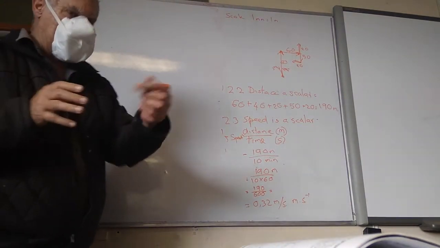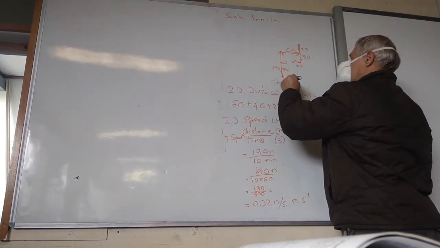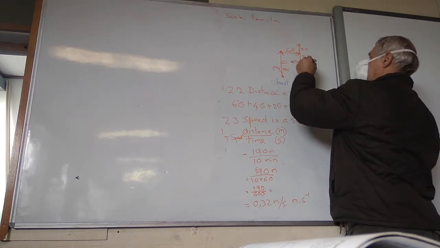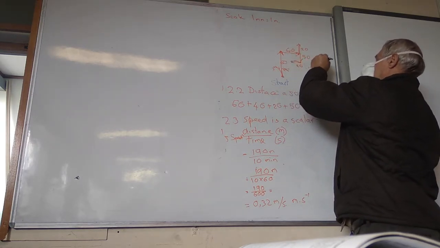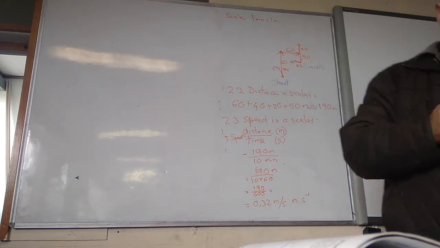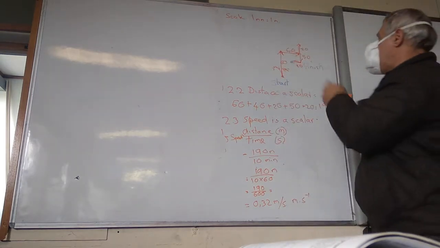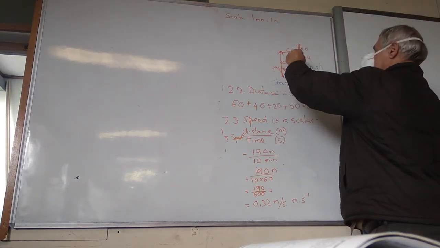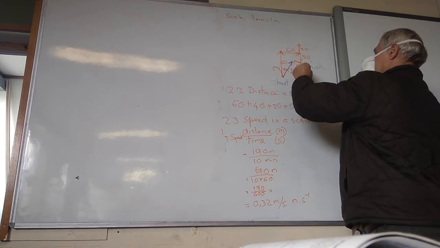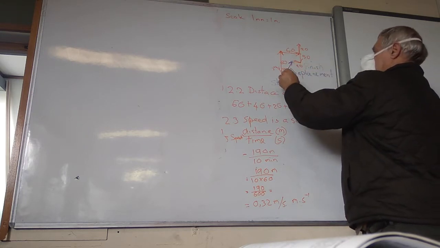If you go, and here is the start, and this is the end, your displacement is the arrow from the start to the finish, or resultant.